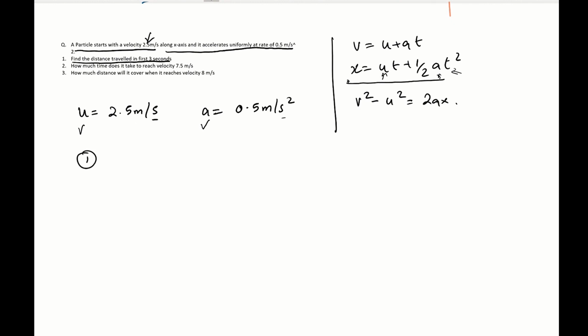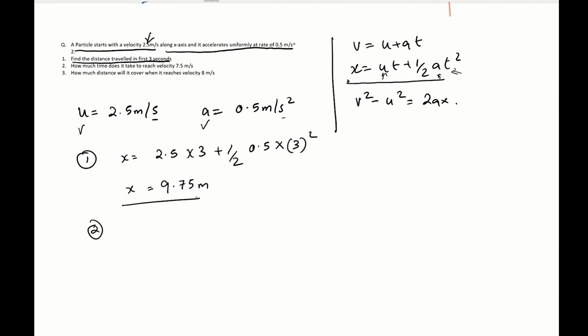So the first question's answer, the distance traveled, would be x equal to 2.5 times 3 plus half 0.5 times 3 squared, all right? And the answer to this would be 9.75 meters, all right? So your x is 9.75 meters.